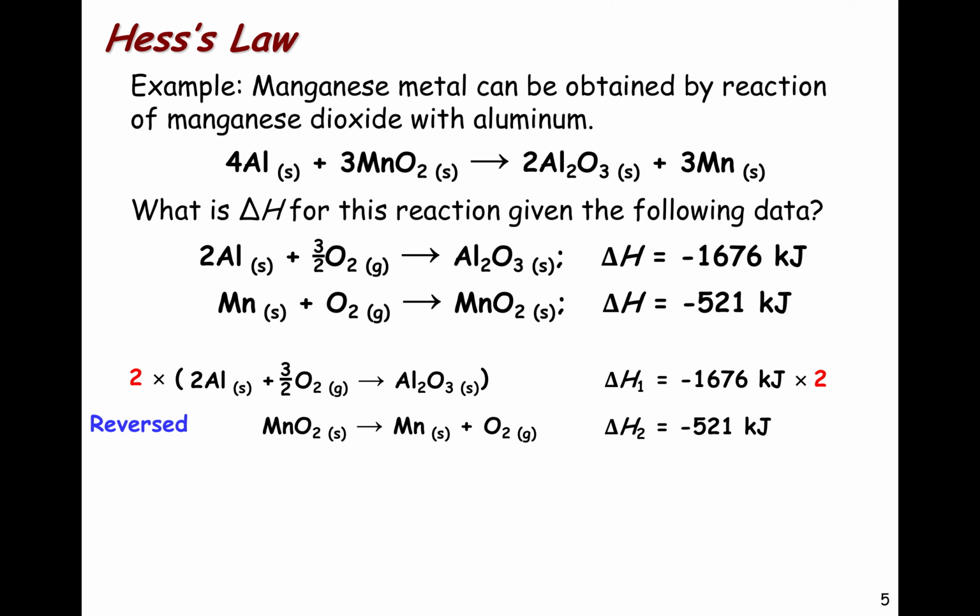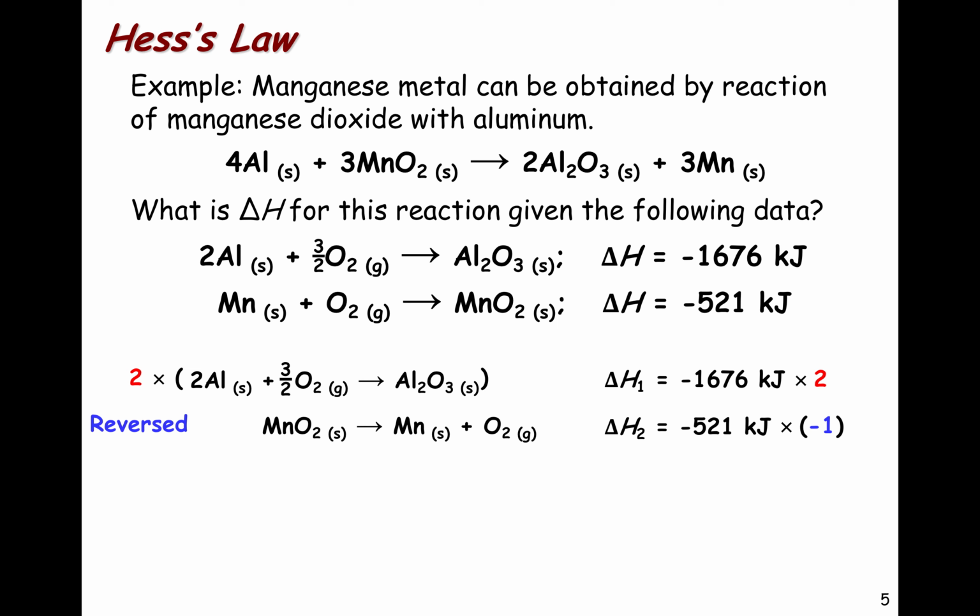The second reaction needs to be reversed so that the manganese(IV) oxide is a reactant and the manganese metal and oxygen are products. In this case, we also need 3 moles of the manganese metal, and of course by reversing the reaction we need to change the sign of the enthalpy.